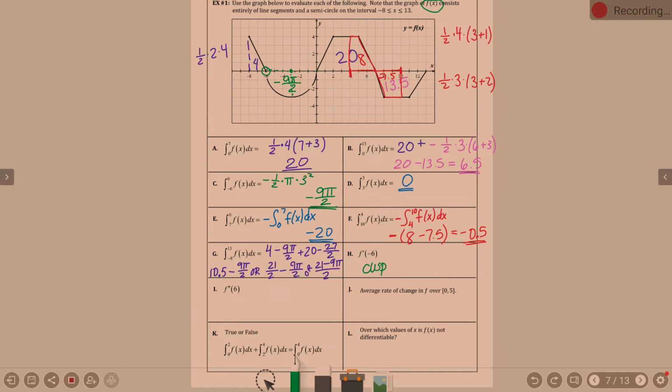And so you could say DNE, or you could say undefined. The slope is not defined, so the derivative is not defined at this point. Now, keep in mind, the slope at negative 6 is what we just did.